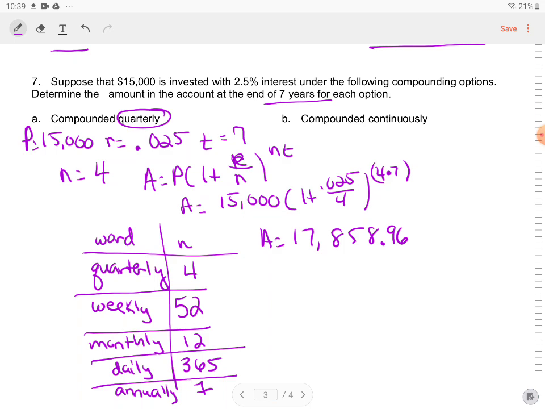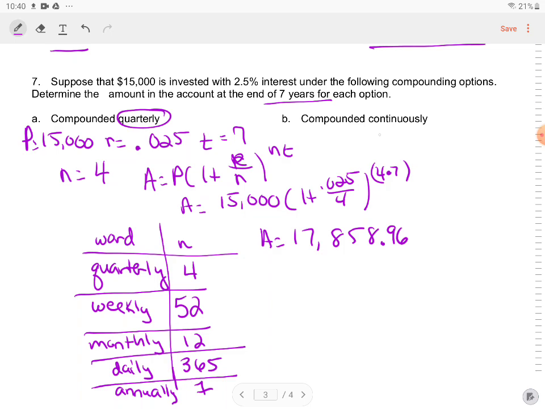Okay, in just a minute we will do compounded continuously. Okay, so I'm going to double check that one more time. 15,000. Okay, good. So we have that one right.